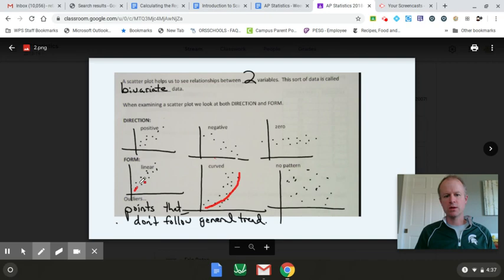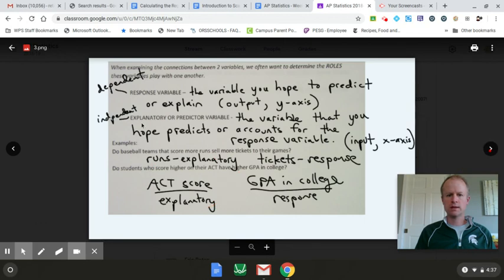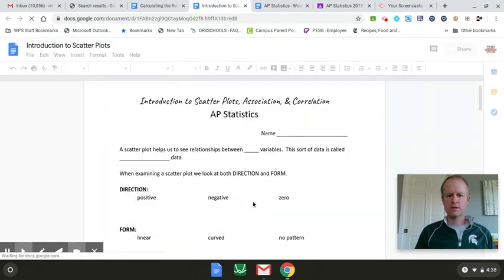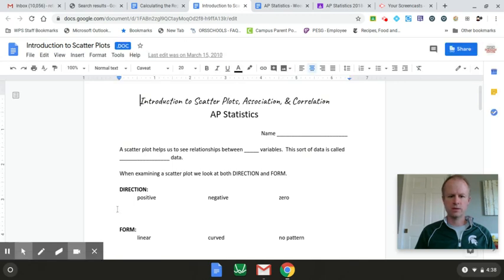So I'm going to go back and draw this one also, roughly linear. So that's the idea with those. That's the first part of your notes.